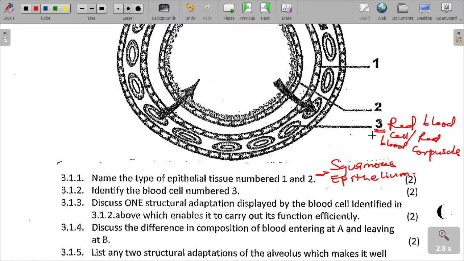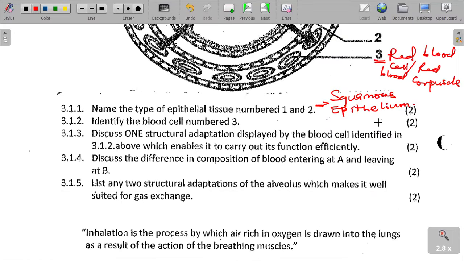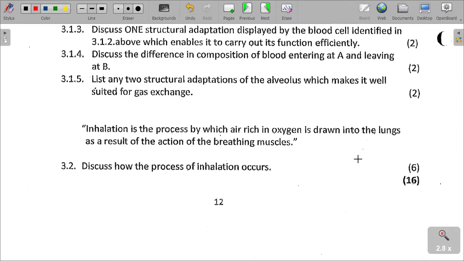And then the next question is saying, discuss one structural adaptation displayed by the blood cell identified, that is the red blood cell, which enables it to carry out its function efficiently. The question is asking how the red blood cell is adapted to perform its function properly.